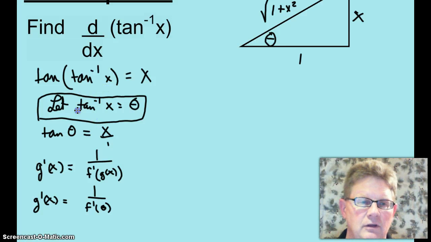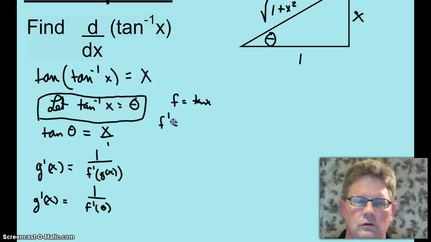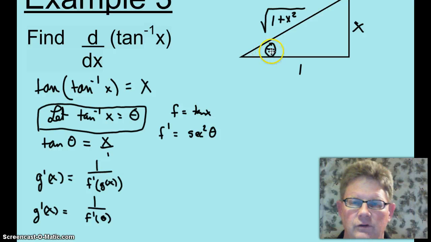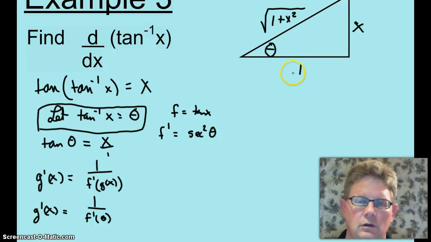Okay, f prime is tangent theta. F equals tan x. F prime equals secant squared theta. So let's see here. What is the secant of this angle theta? That would be the reciprocal of cosine. So instead of adjacent over hypotenuse, it's hypotenuse over adjacent.